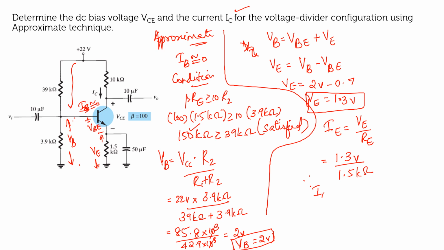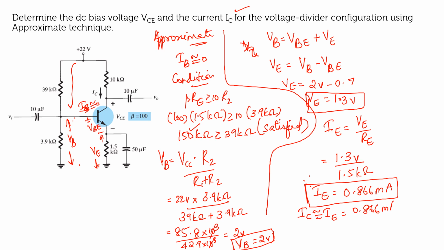Therefore, IE will be approximately equal to 0.866 milliampere, right? You know that IE is approximately equal to IC. IC is approximately equal to IE, which is equal to 0.866 milliampere. So you have got the value for IC.